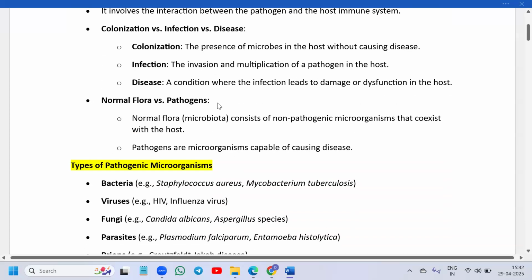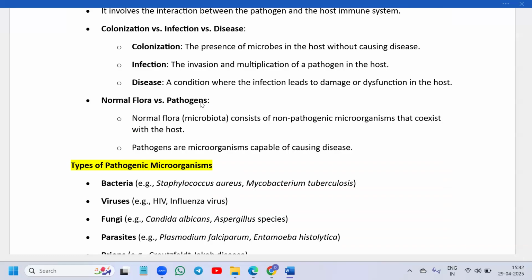What is a normal flora versus a pathogen? Pathogen means the bacteria, virus, fungus that is going to cause diseases. Normal flora means what? In all of your body, like your skin, your gut, your intestine, in all these areas, there will be something called normal flora that are non-pathogenic. They are not going to cause disease.